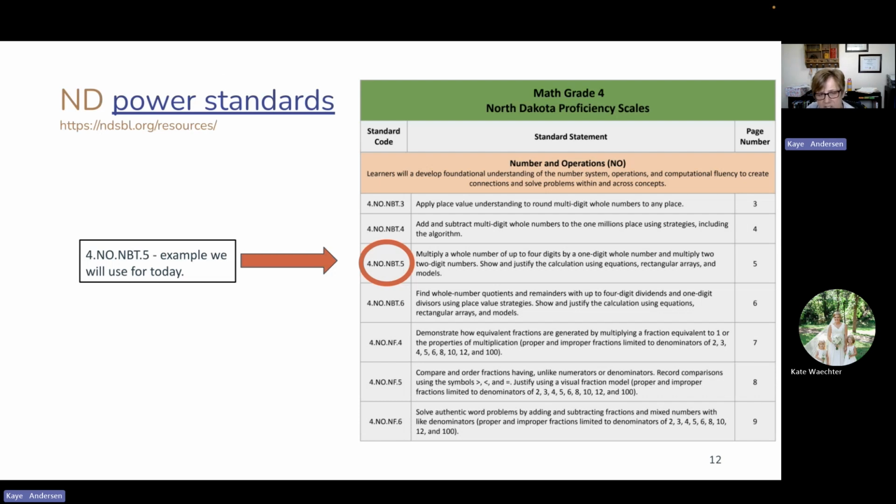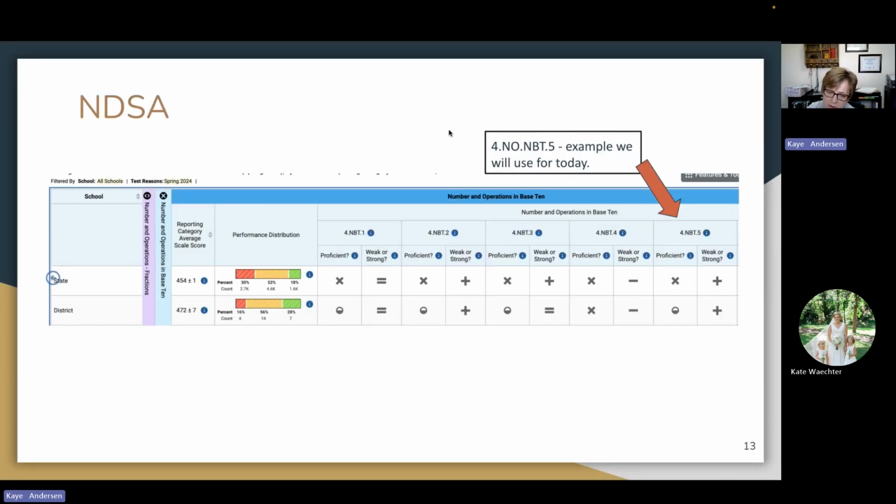Now, I don't want to just look at one place. Another place I might want to look is at our North Dakota State assessment data. When I pull up my North Dakota State assessment information in 4th grade, the 4th grade NBT 5 standard is listed as one of the standards that was assessed.